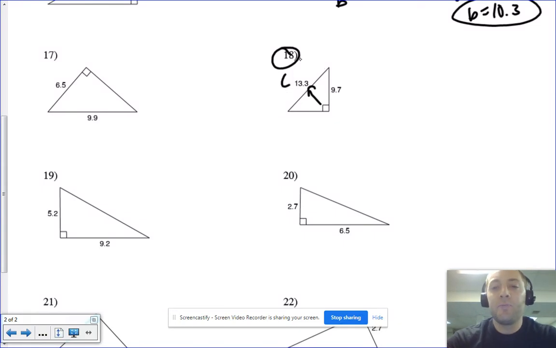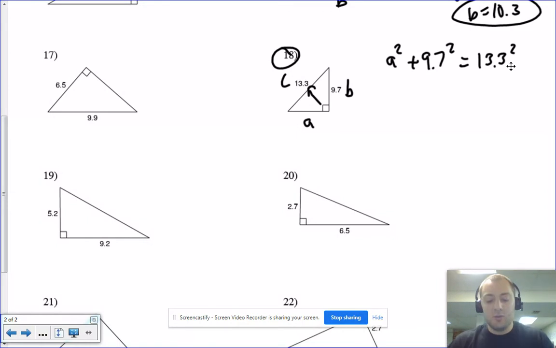So that's C. Now it looks like this is smallest, so we're going to say that's A and this is B. So we're going to go with that. It's okay if A and B are switched around. It won't change anything. So A squared plus 9.7 squared equals 13.3 squared. All right, let's do some math.